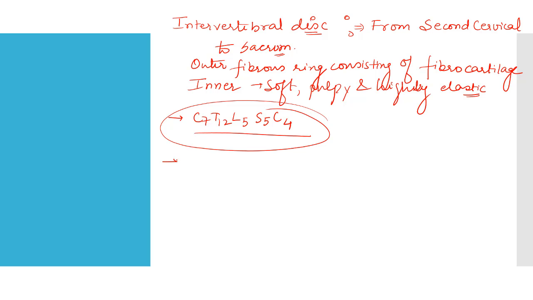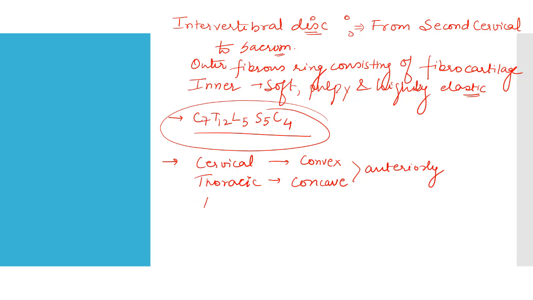Curvatures. When we talk about the curvatures, one is the cervical curvature. We have already discussed thoracic curvature, lumbar curvature, and sacral curvature. Now, the main thing is that cervical curvature is in the neck region. It is convex. Thoracic, it is concave, and both anteriorly.